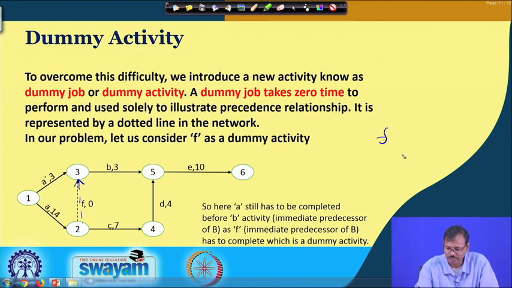So, F is a dummy activity which is having a predecessor of A, but the time duration requirement is 0, cost requirement is 0.